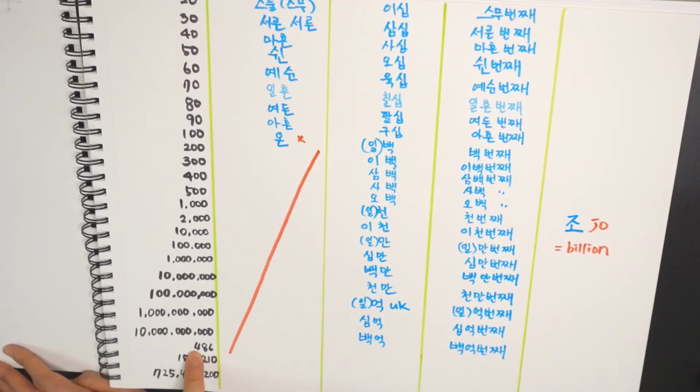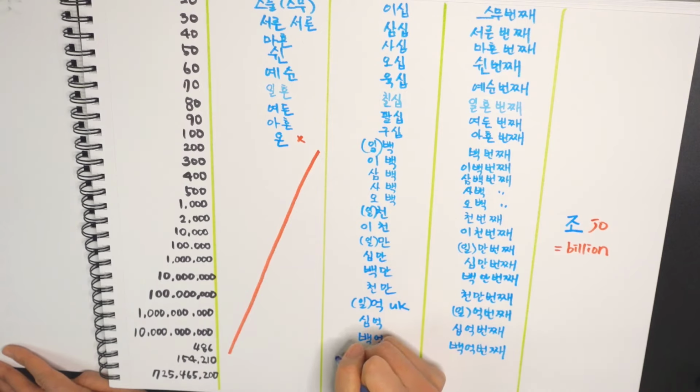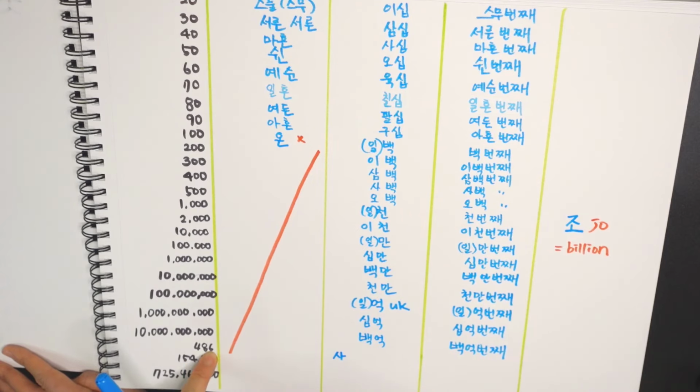Okay? And these are some of the numbers that I just punched in to do some practice together. So we have 486. And since this is greater than 99, we're not going to be using native Korean number system. We're just going to be using Sino Korean number system. So that's 4, and it's 100, so 400. And that's 80, right? So that's 8 and 10.